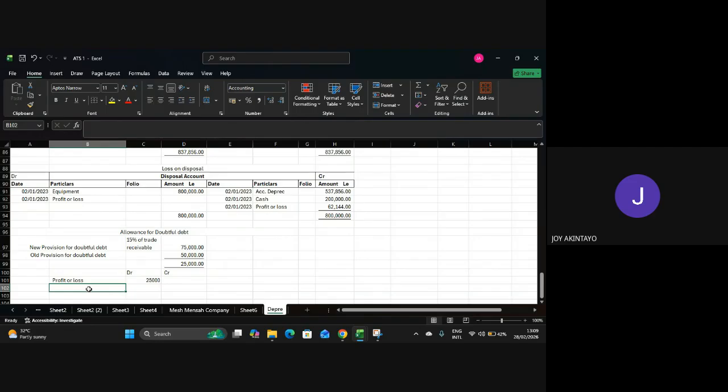Then you credit your provision for doubtful debt with the same 25,000 naira.